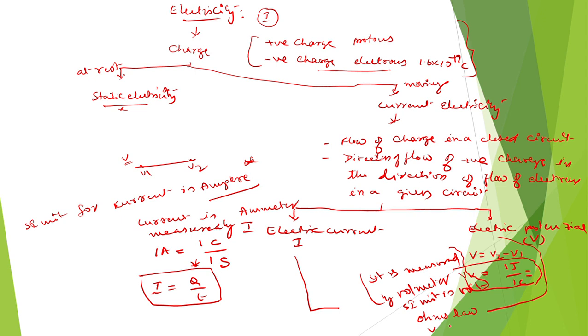V is directly proportional to I, or I is directly proportional to V. Both are the same, but the condition is constant temperature.